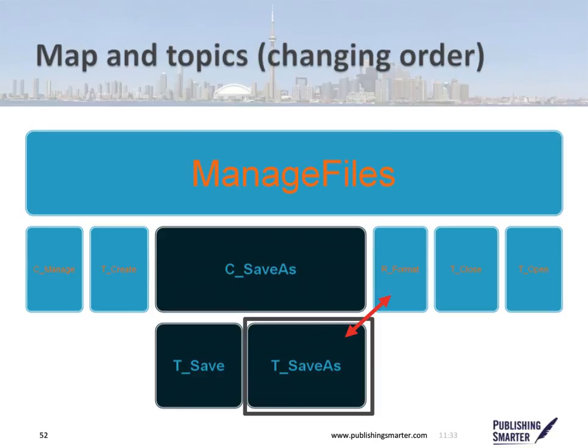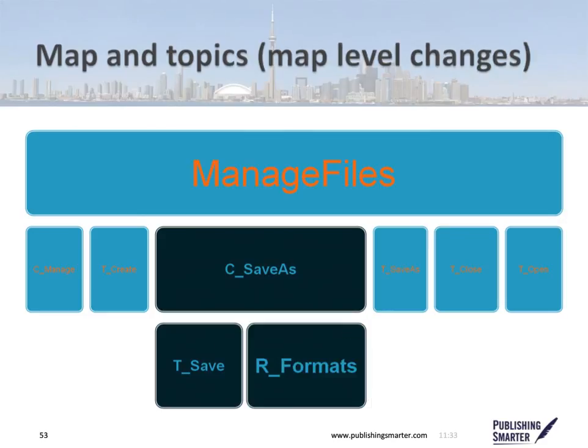Here's where it gets really neat. I have, let's say, two different people doing two different roles. I have the writer who's busy writing topics, but I also have somebody who's managing, maybe an information architect, who's managing the maps and the topics and decides to change around the order, to swap the order of two topics. This is now the result of the topics being swapped in order. The concept of save as has some information underneath it. One of the tasks has been moved away, one of the references has been reorganized.